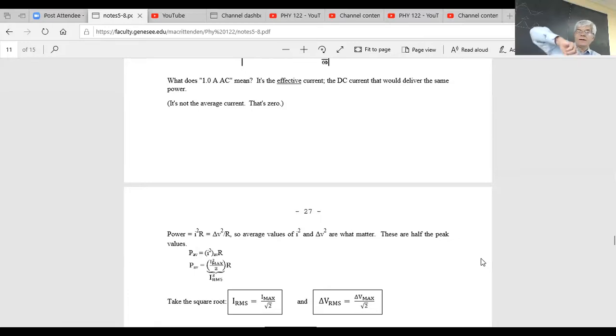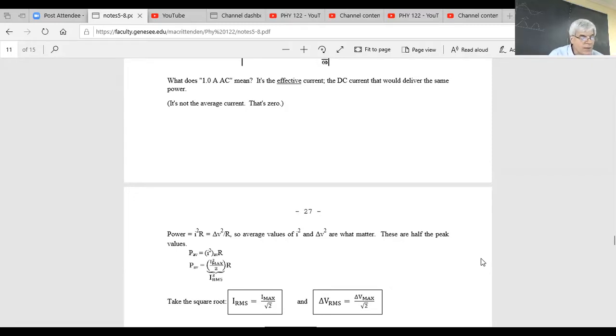The square root of 2 is 1.41. You've got a graph that goes back and forth between plus 1.4 and minus 1.4 over and over again. That will deliver the same power as a steady 1 amp would.